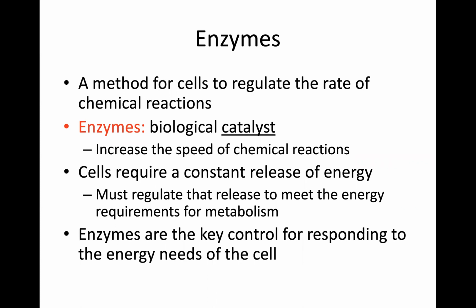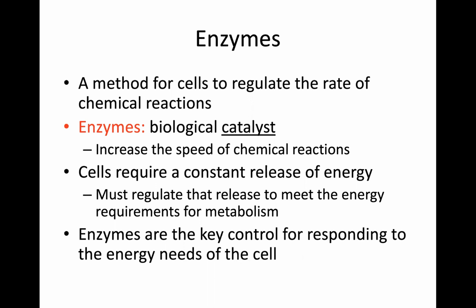What we're saying here is that cells require a constant release of energy. In order for any of the cellular activity, the chemical processes that are constantly going on in our cells, to occur, ATP must be available. And so we must be able to regulate the release of energy to meet the energy requirements for metabolism.